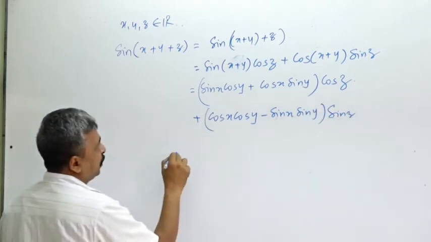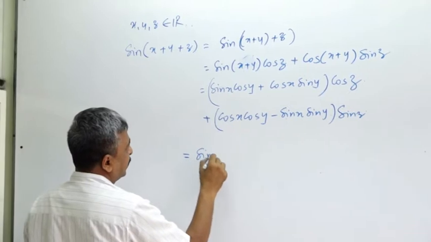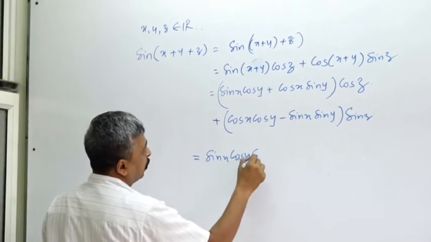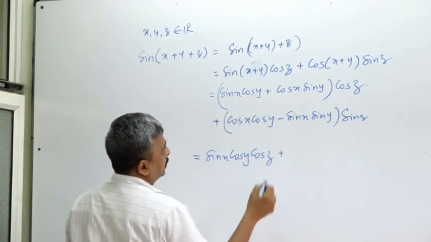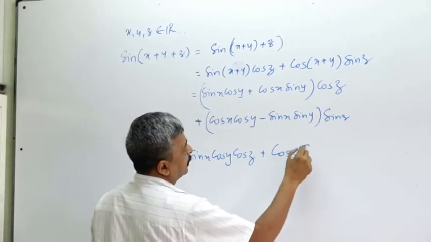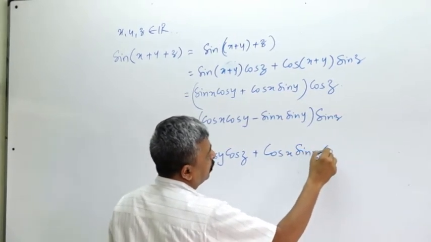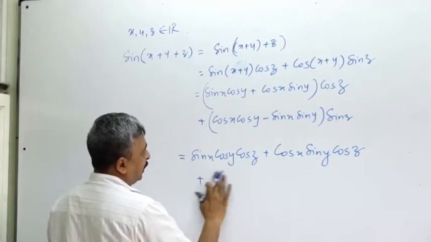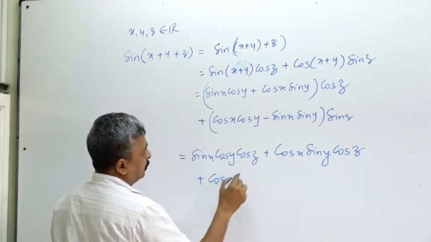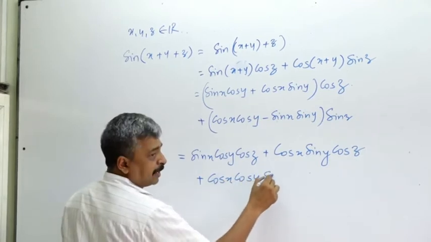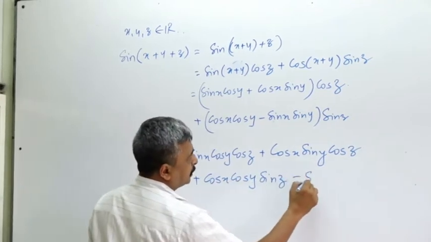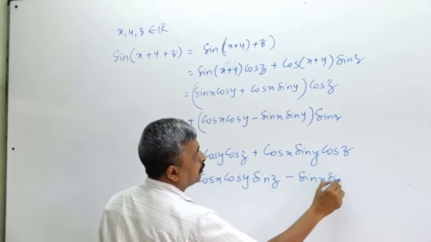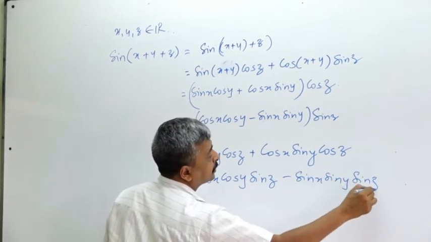Therefore, we will get 4 terms: sin x cos y cos z plus cos x sin y cos z plus cos x cos y sin z minus sin x sin y sin z.